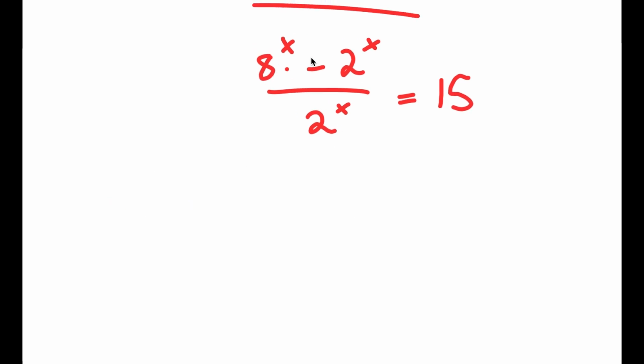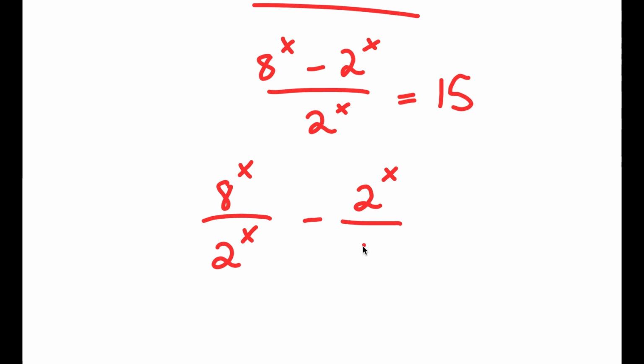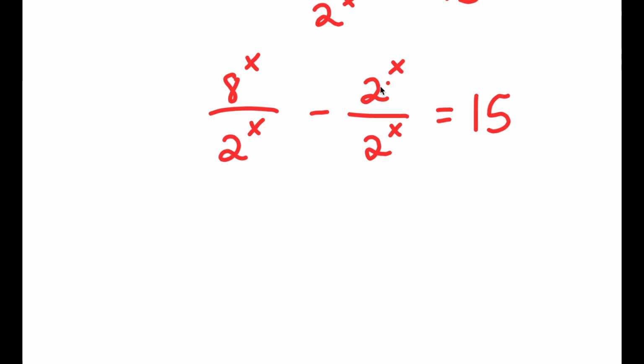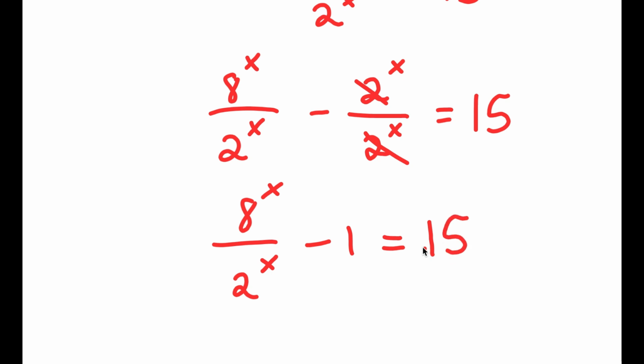So for here, a to the power of x minus 2 to the power of x over 2 to the power of x, I can rewrite this as a to the power of x over 2 to the power of x minus 2 to the power of x over 2 to the power of x, which is equal to 15. Now obviously, if we have one number over that same number, it's going to equal 1. So these two cancel out, and I get a to the power of x over 2 to the power of x minus 1 is equal to 15.